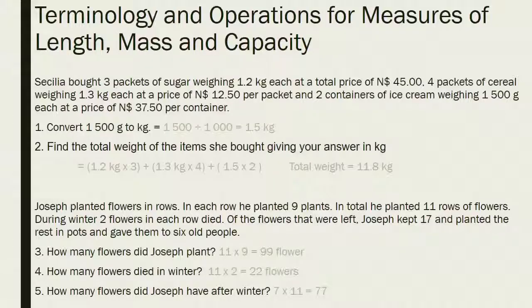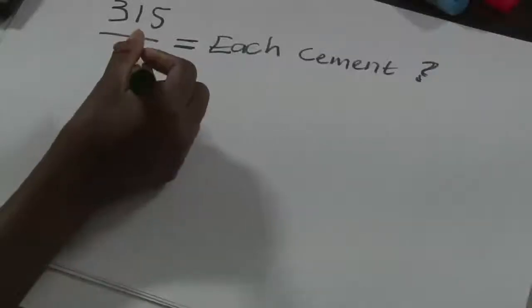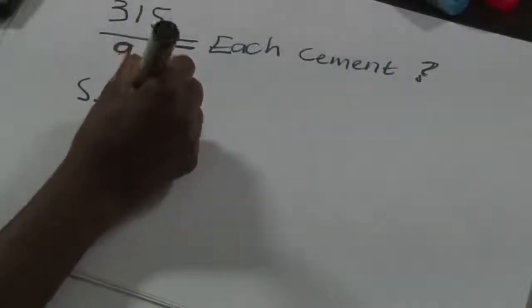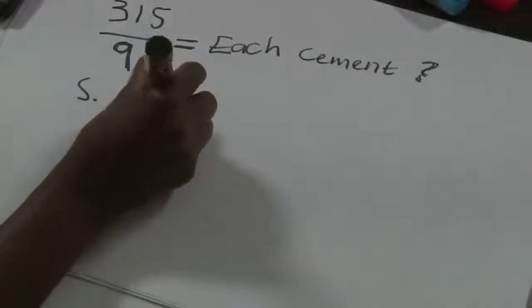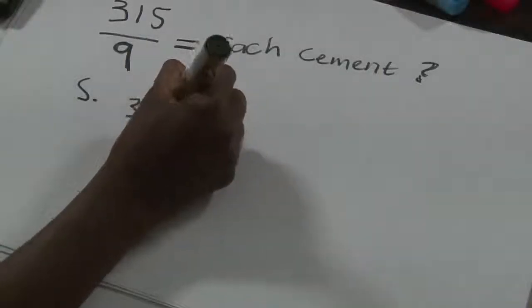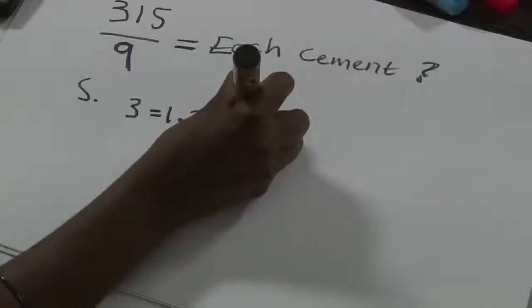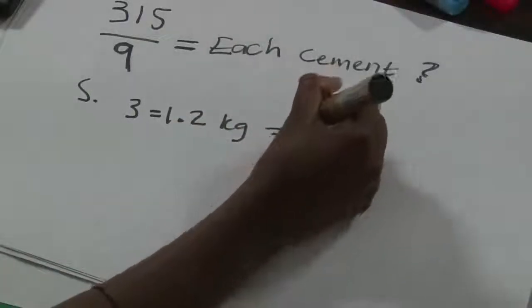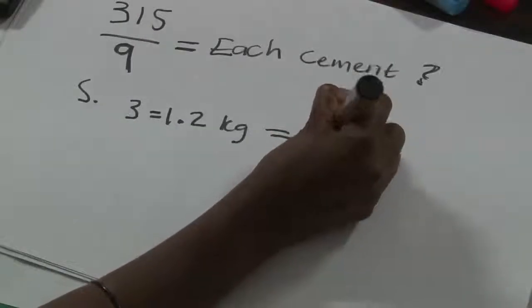We have an operation here. It says Cecilia bought 3 packs of sugar weighing 1.2 kg at a total price of 45.